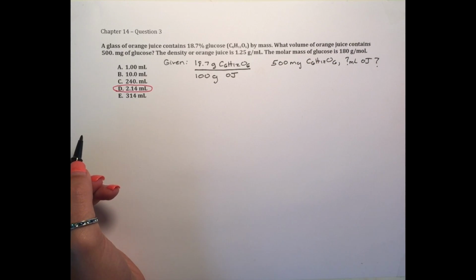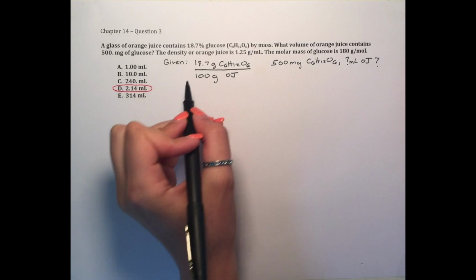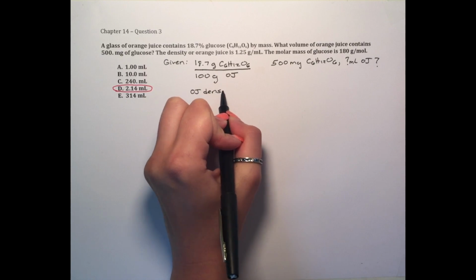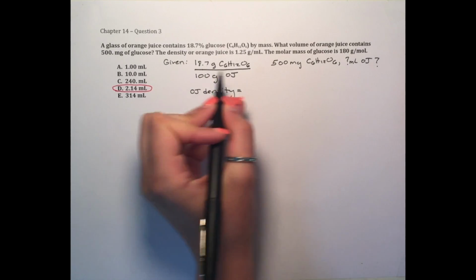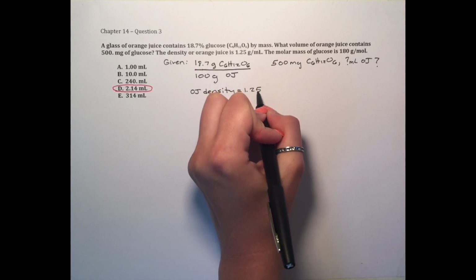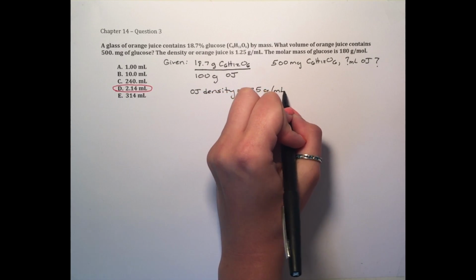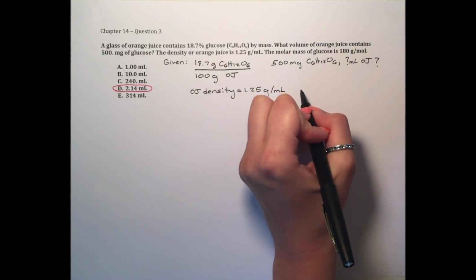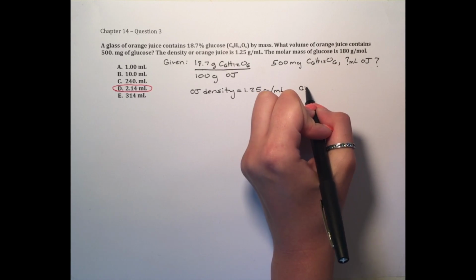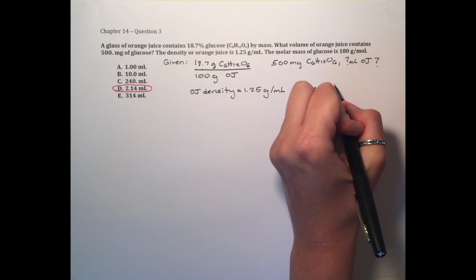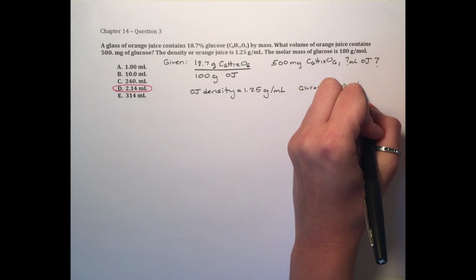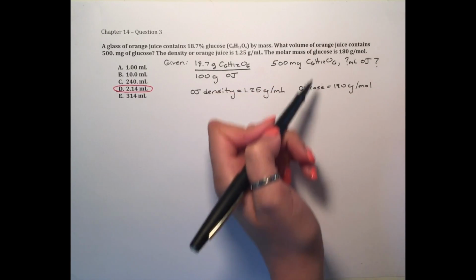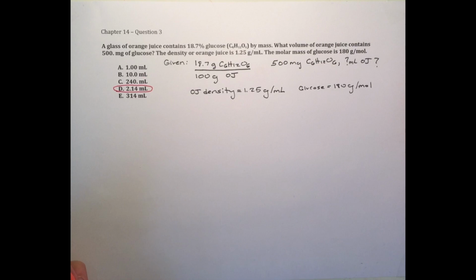The density of orange juice is 1.25 grams per milliliter, and the molar mass of glucose is 180 grams per mole. Now, glucose is the same as C6H12O6. I'm just writing it both ways because it's interchangeable.